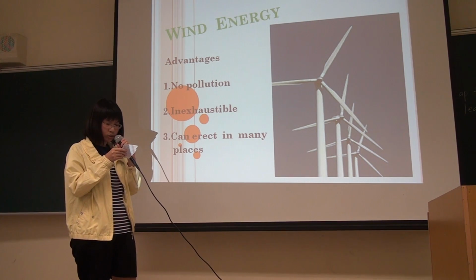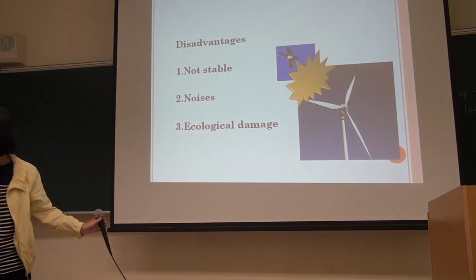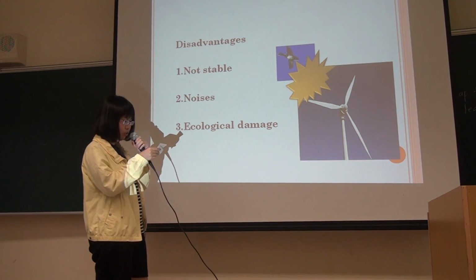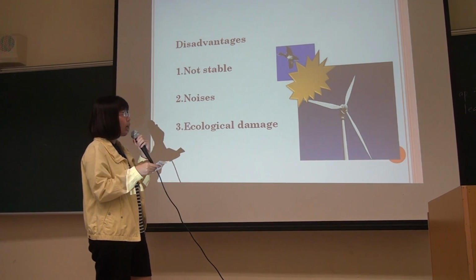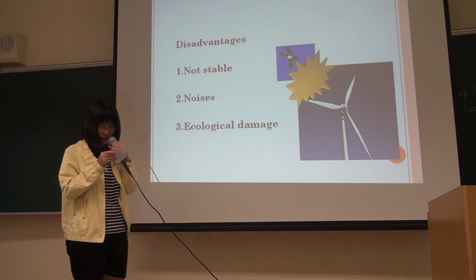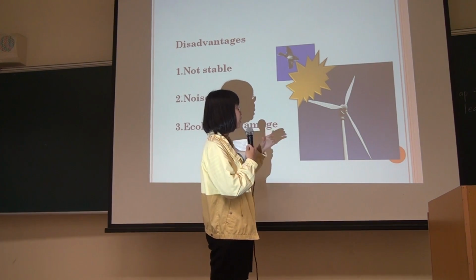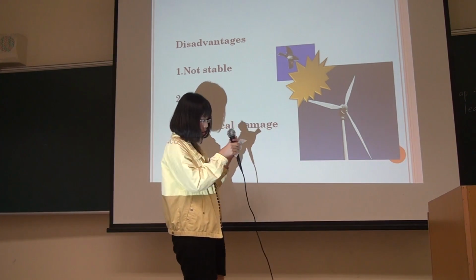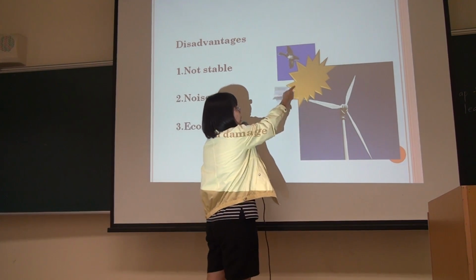But if the wind is too strong, the fan blades will rotate too fast, thus breaking the machine inside the fan, and they are difficult to repair. The fans also make noise and cause ecological damage. When birds migrate, they may get rolled into the blades.